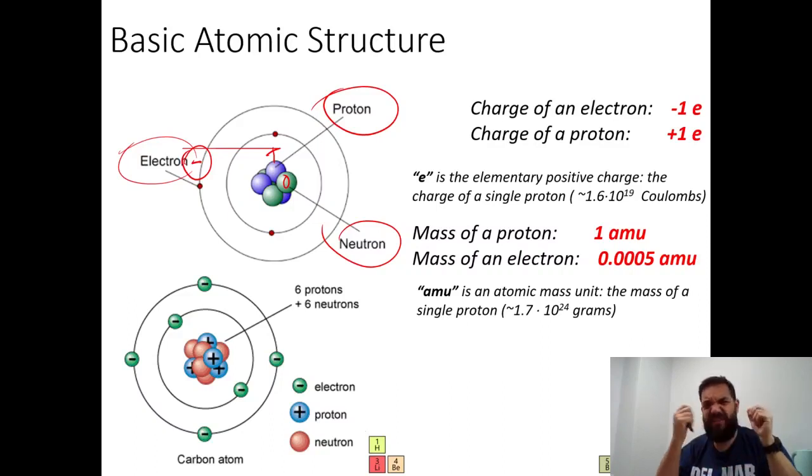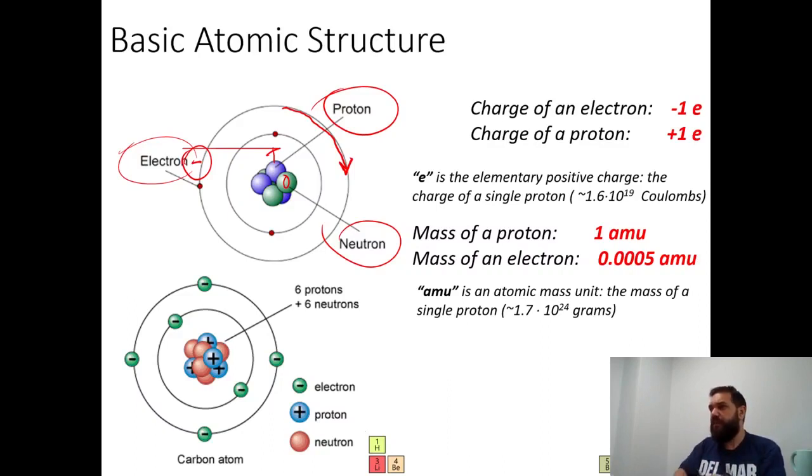So that's the sense in which we mean that they are orbiting. But don't think that these electrons go in a slow progression around the nucleus. That's not what happens. If anything, they're sort of vibrating within a certain fixed distance away from the nucleus. That's what we mean by an electron shell. Okay.